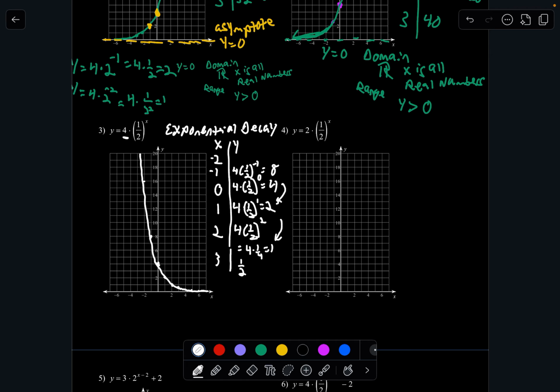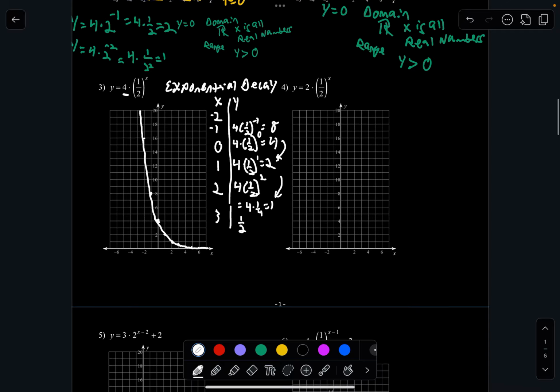Okay? And the domain and range and all that is still the same. The asymptote is y equals 0. The domain is still all real numbers. Matter of fact, for every exponential, the domain is all real numbers. And the range is going to be y is greater than 0.